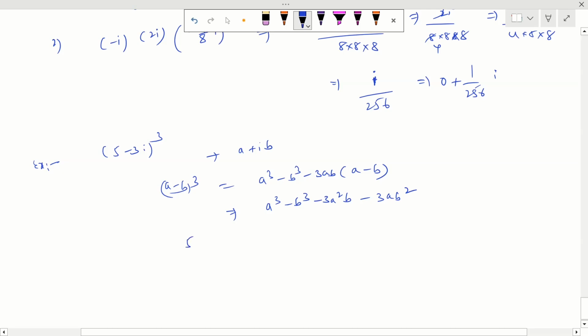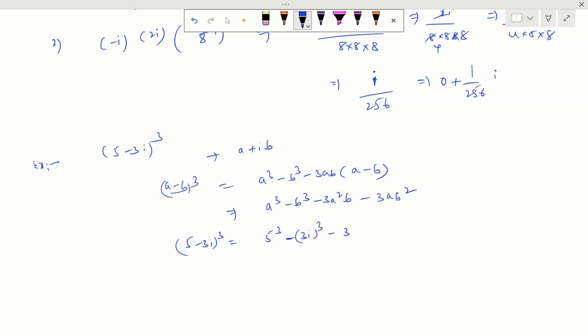So here, (5 minus 3i) whole cube: a cube is 5 cube, minus b cube, which is 3i whole cube, minus 3 into a square, 5 square, into b, 3i, and plus 3 into a, which is 5, and b square, which is 3i square.